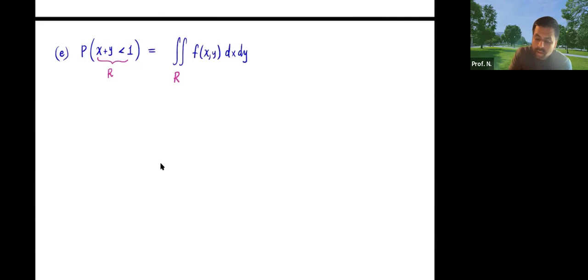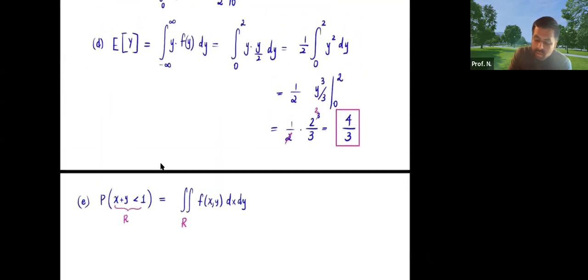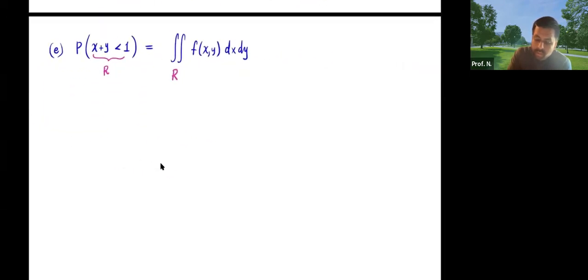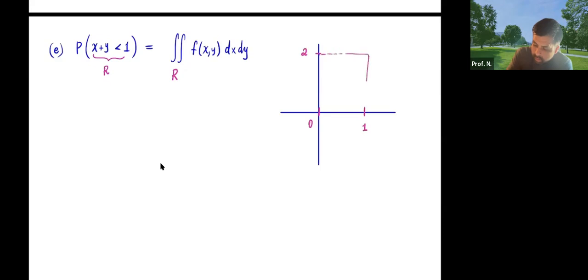And so that's why it's important to see what the region is. And the region here is a simple one, because my x values go from 0 to 1, right? And my y values go from 0 to 2. So my region is simply a rectangular region.